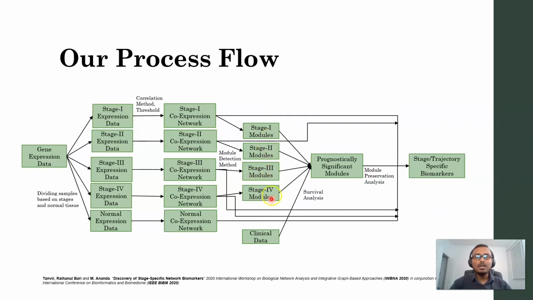We are using the modules from the 4 stages and clinical data and applying survival analysis to find out which of those modules are prognostically significant. Then we are applying module preservation analysis to see whether the modules coming from one stage are also preserved in different stages or in the normal gene co-expression network, to see whether they can be called stage-specific or trajectory-specific biomarkers.